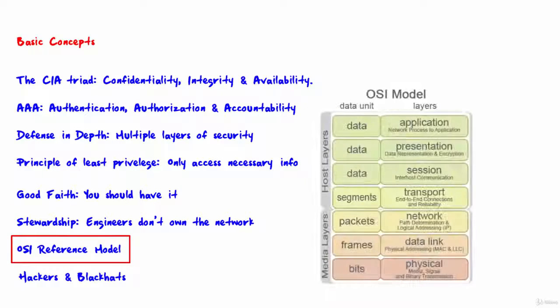The next concept is the OSI Reference Model. If you have not seen the OSI Reference Model, I recommend you go to Wikipedia or some other site and take a look at it. This is extremely important to understand, but it's really too basic to go over in this course.